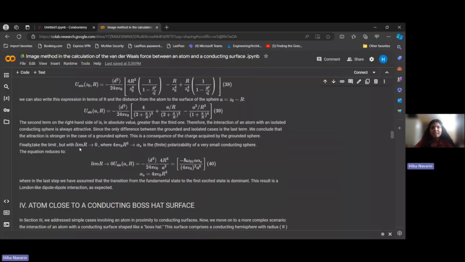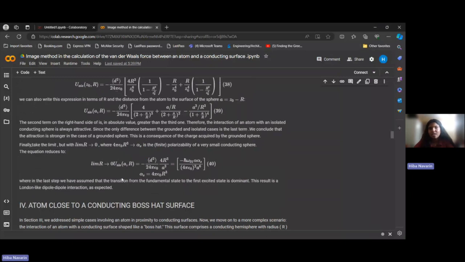Finally, we take the limit of R tends to 0 as the atom approaches, and we have done this approximation with alpha s, and we will get the following result as the atom approaches the sphere. The potential energy will be as follows. In the last step, we have assumed that the transition from the fundamental state to the first excited state is dominant.